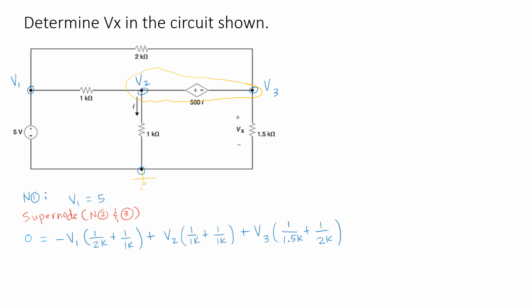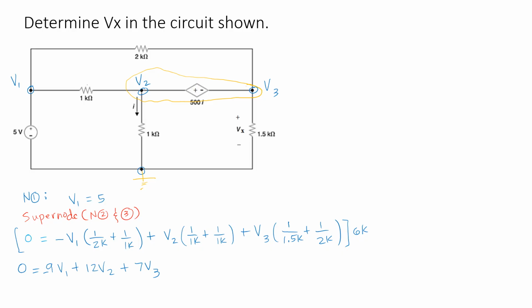So this is now the equation, and to simplify or reduce this, let me multiply by 6k so that we can have 0 is equal to negative 9 V1 plus 12 V2 plus 7 V3.